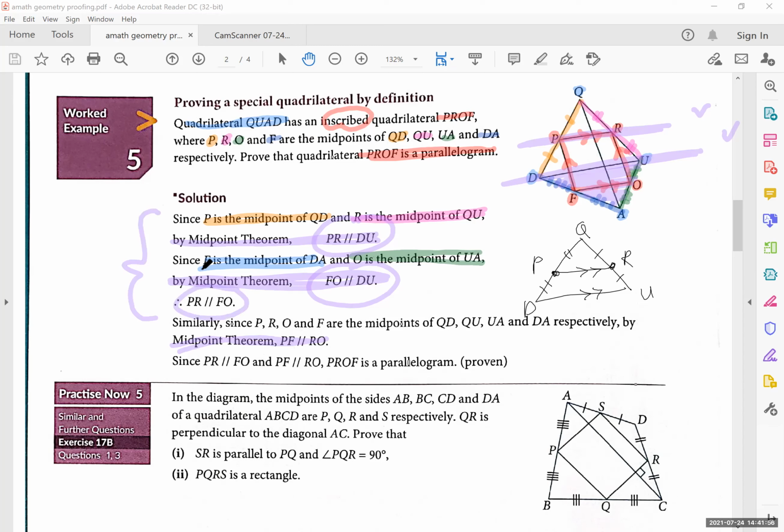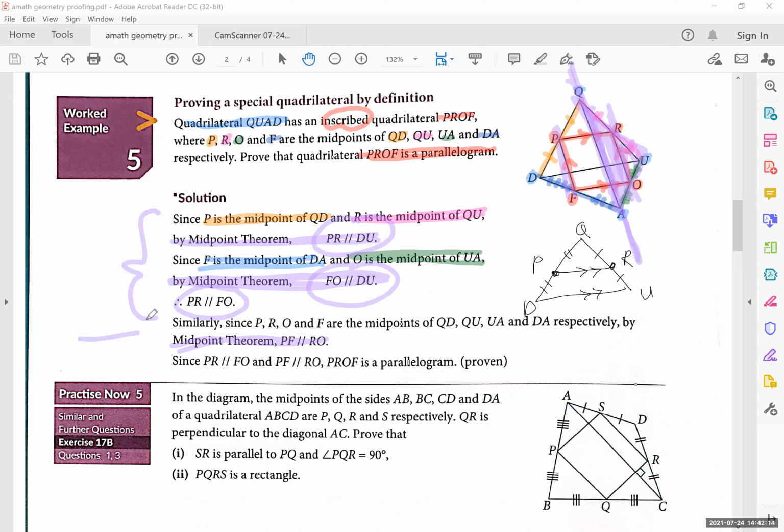So same thing, if I'm going to erase all these purple ones, and right now I focus on the same way of doing it to this purple one. Can you see here the purple triangle now? We know that RO will be parallel to QA and PF will be parallel to QA.